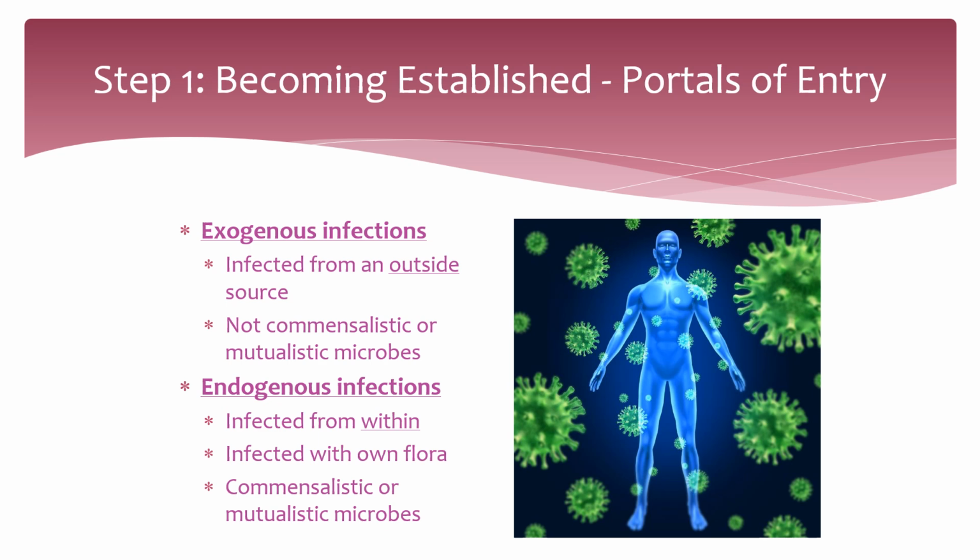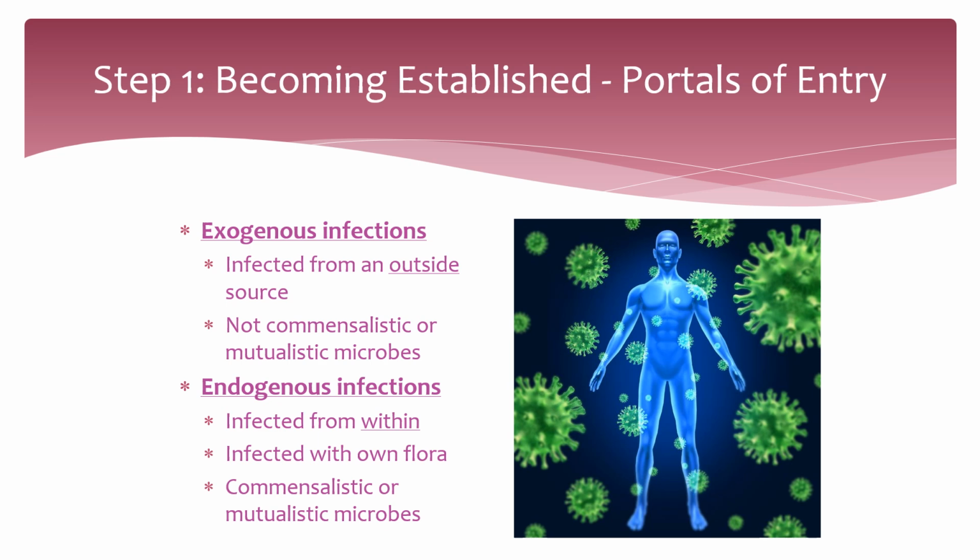Remember that E. coli near the end of part 1 of chapter 11? We were talking about how E. coli can be an opportunistic pathogen, where if it's in our intestines, it's doing just fine and we want it to be there. We have a symbiotic relationship with E. coli.